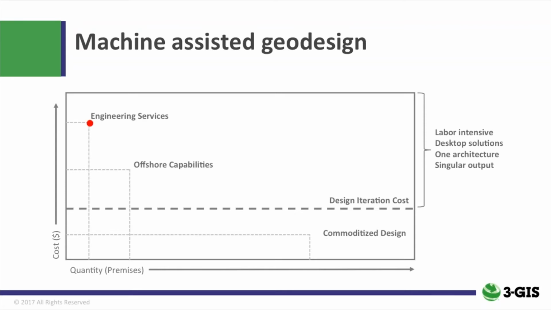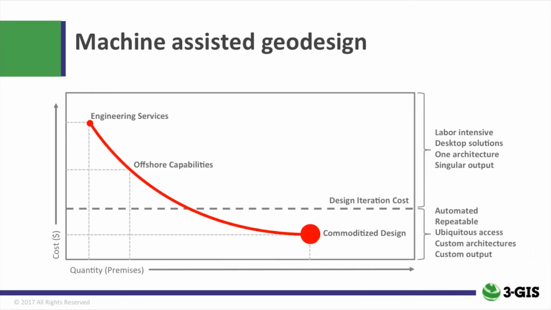So they started to move to some of this offshore, and what we saw there was higher throughput with a lower cost, but still, based on the crazy time frames that Randy mentioned initially, that just wasn't enough. And so, by automating, we've been able to substantially decrease the cost while increasing the throughput.